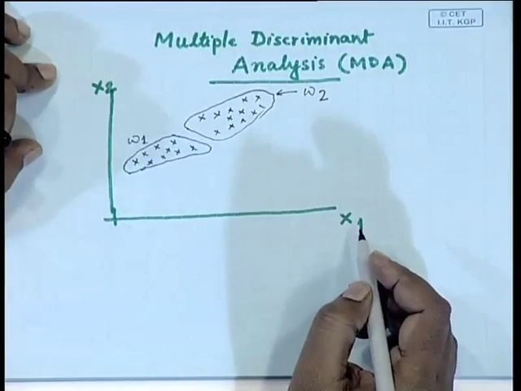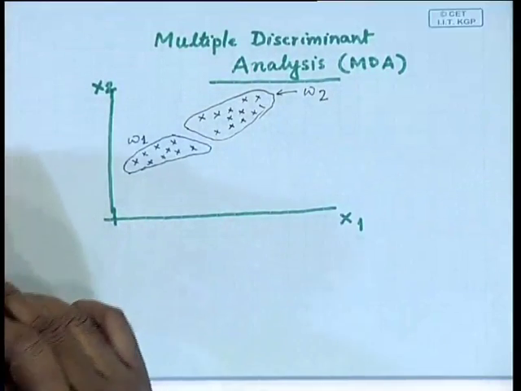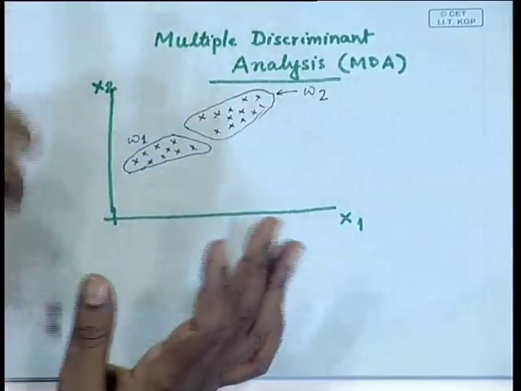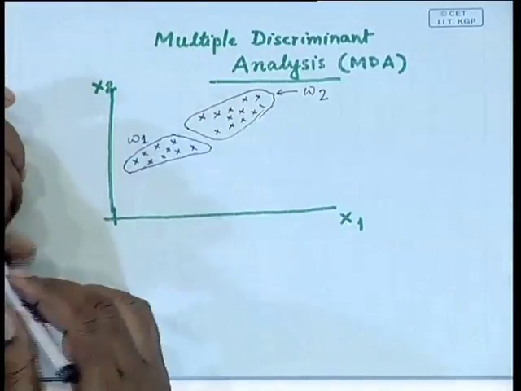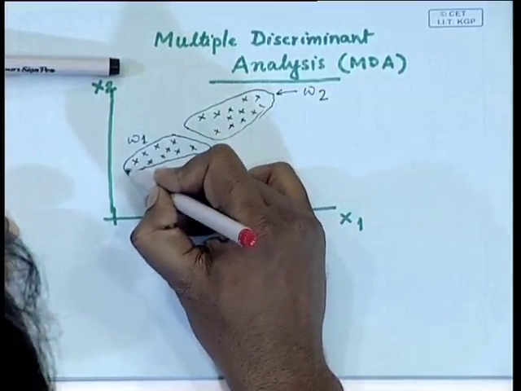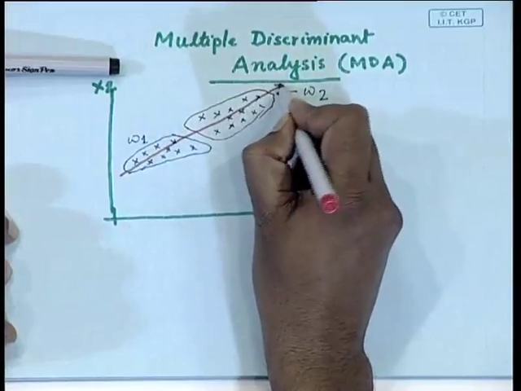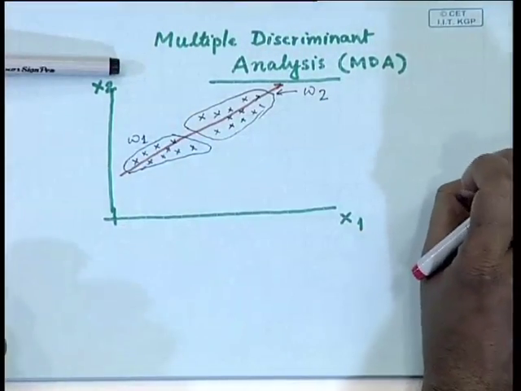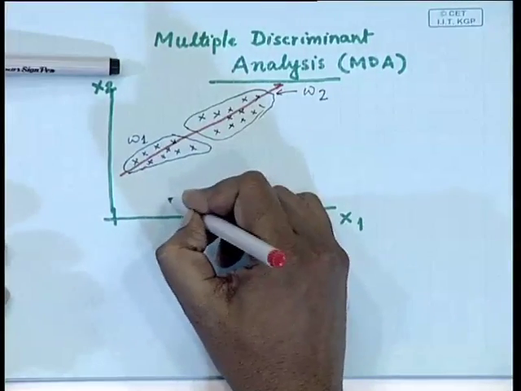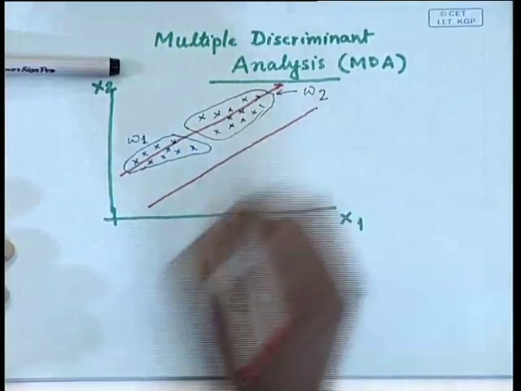Okay. Now, when you do principal component analysis, it takes the projections of data onto a direction which is aligned with the eigenvectors. Okay. So, in this case, the direction of the eigenvector corresponding to the maximum eigenvalue will be something like this, because this is the direction in which the spread is maximum. Okay. So, on this, if I take the projection, let me draw the diagram somewhere over here.